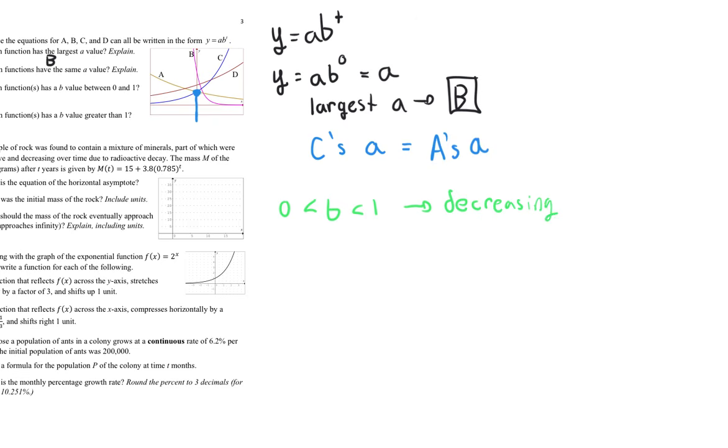So this is going to be numbers a and b. So now for b values that are greater than 1, that means that it's an increasing function. So our answers for our increasing ones are going to be c and d.